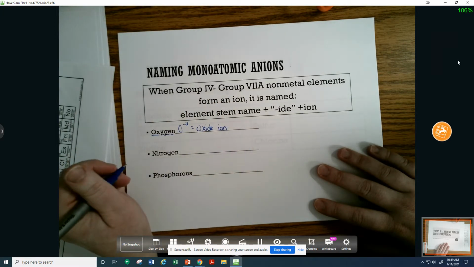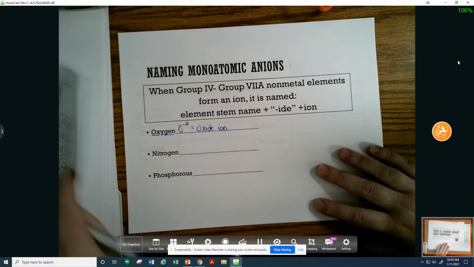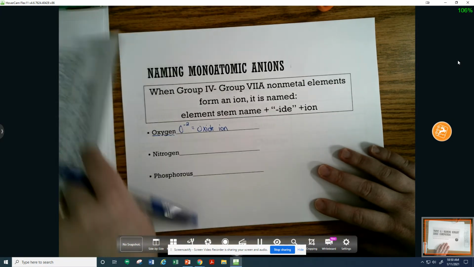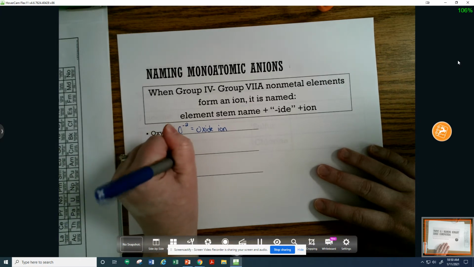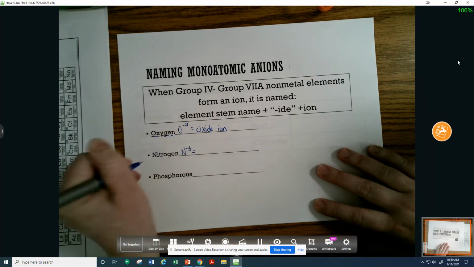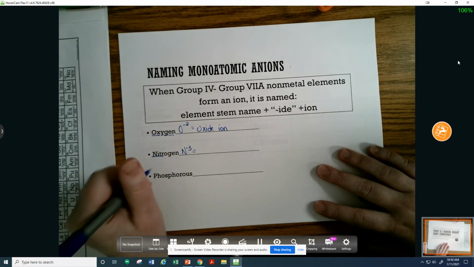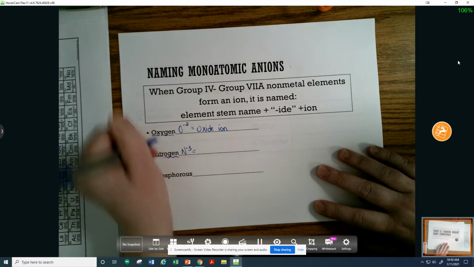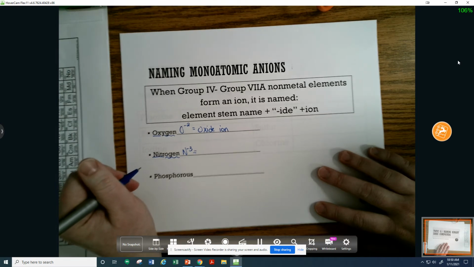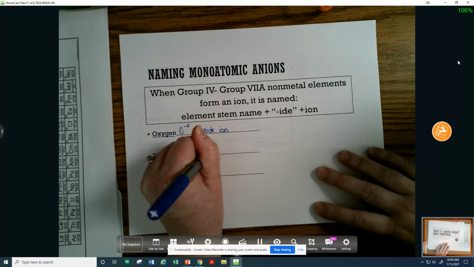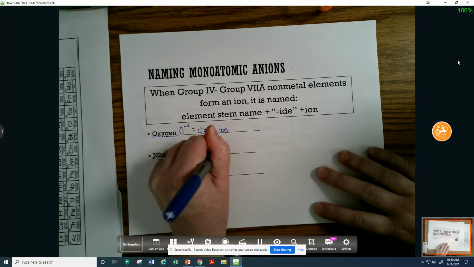For nitrogen, it's in family 15 and likes to make a -3 charge. So we have N -3. NITR is the stem. The ogen, kind of like oxygen, disappears and it becomes the nitride ion.